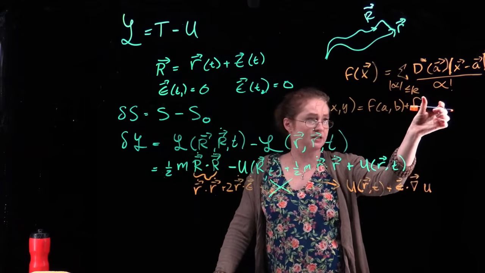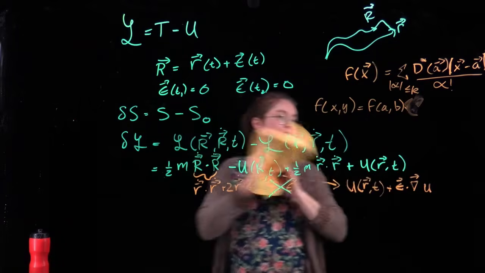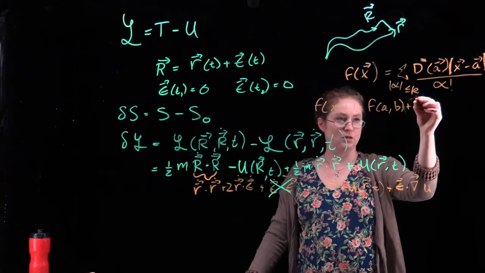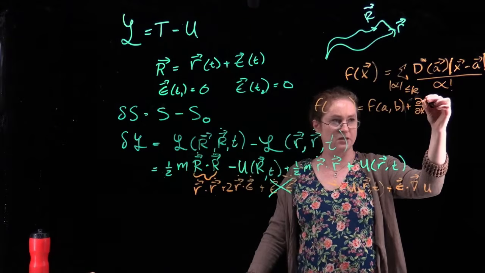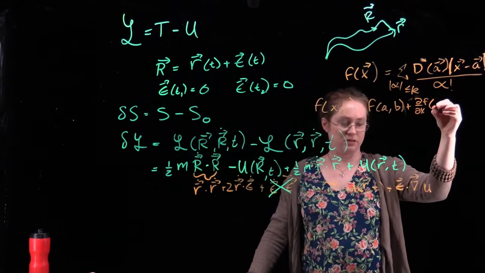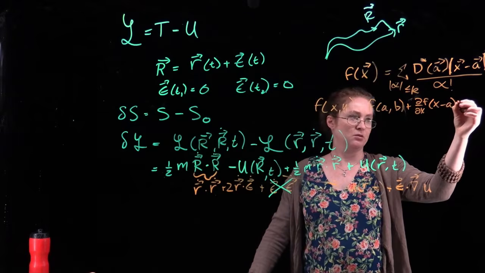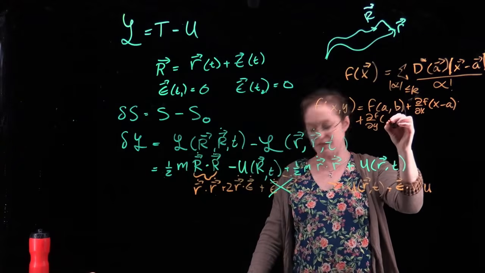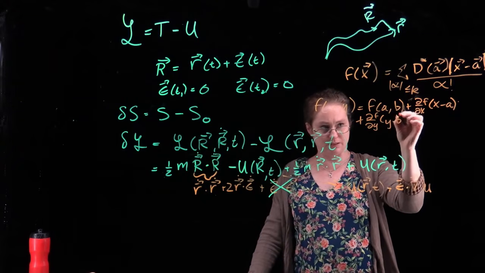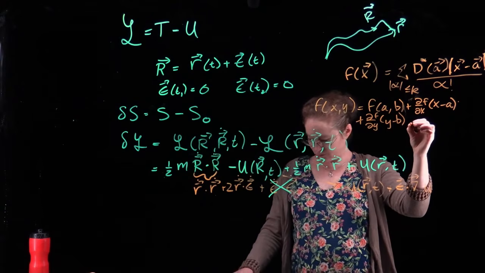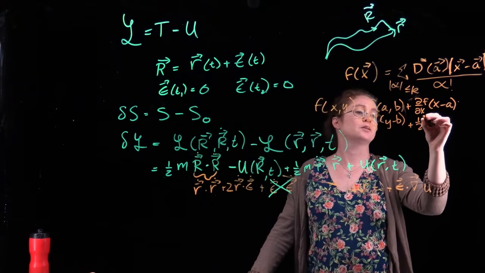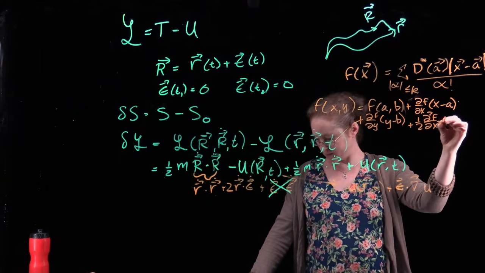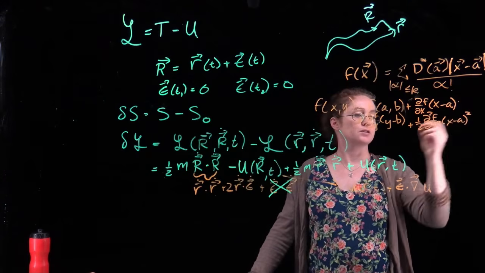And then this is partial x of f times x minus a, plus partial y of f times y minus b, plus 1/2 the second derivative with respect to x, x minus a quantity squared.